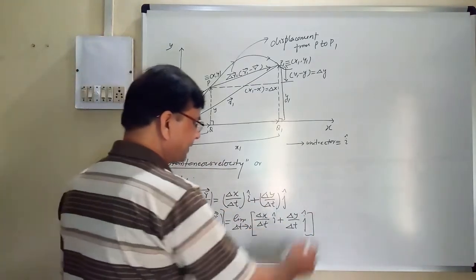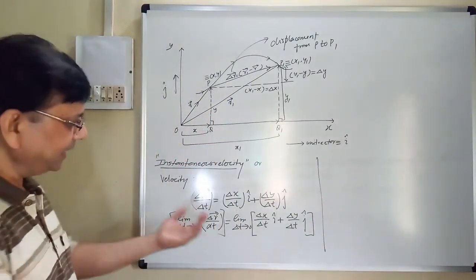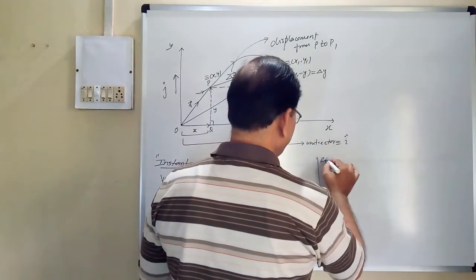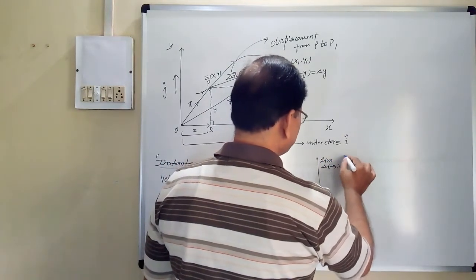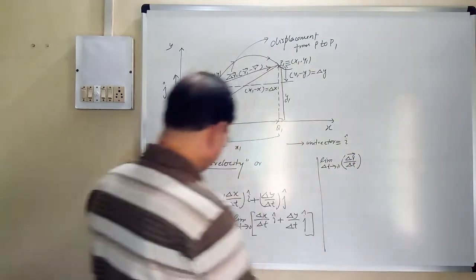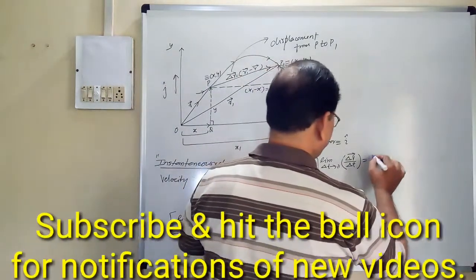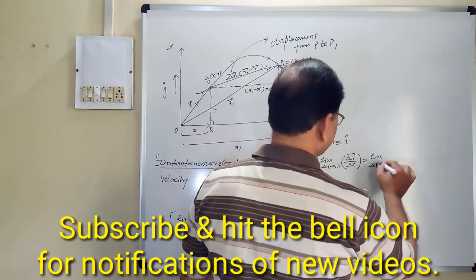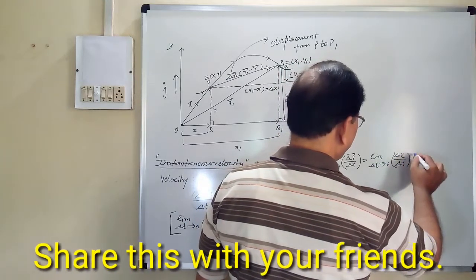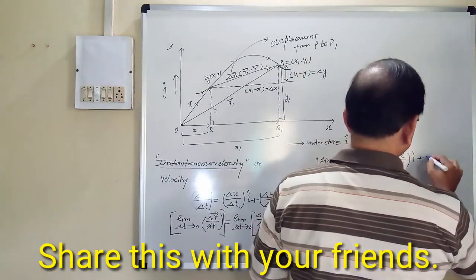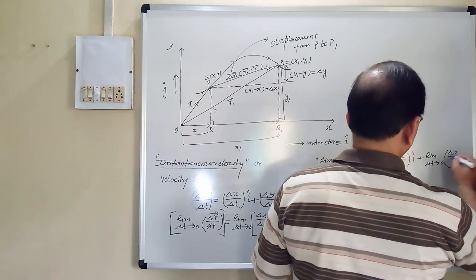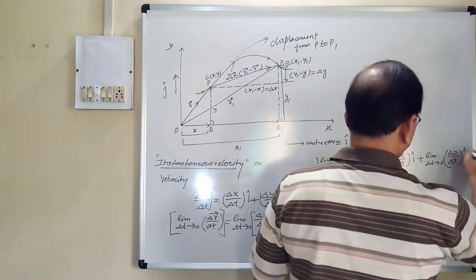So this can further be separated. We can take the limit separately of these two quantities. Left hand side is limit delta t approaches 0 of delta r upon delta t. Here we can write limit delta t tends to 0 of delta x upon delta t i plus limit delta t tends to 0 of delta y upon delta t j.